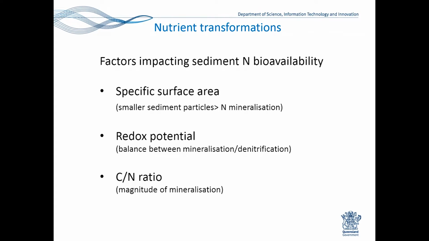Redox potential, a hugely important effect, because the mineralisation process, where organic nitrogen gets converted to nitrate, needs an oxic environment. The other side of that is the denitrification process. And denitrification occurs in anoxic environments. The balance between net nitrogen mineralisation or net nitrogen denitrification really depends on the redox potential of the water column or the microenvironment that that sediment is actually sitting in.